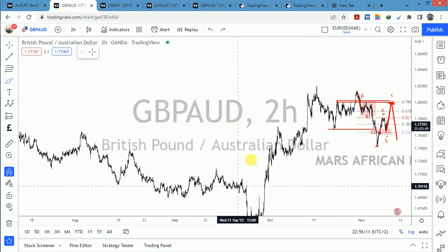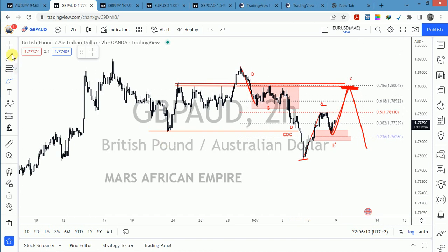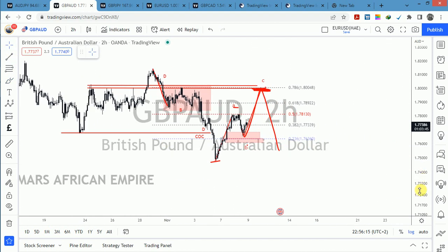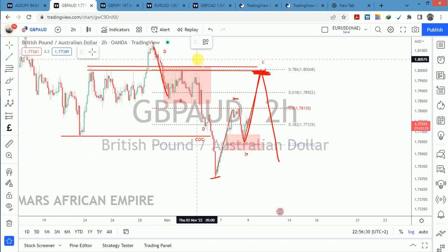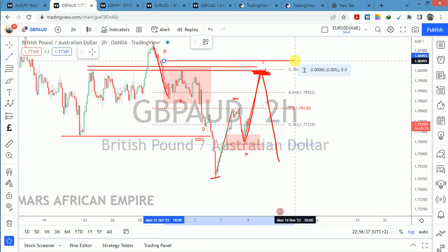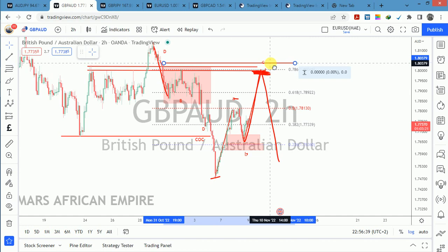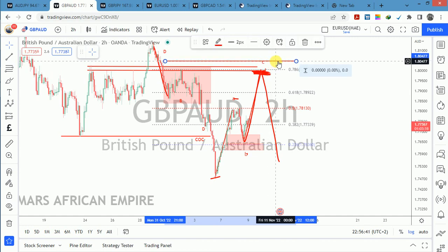So our entry, let's get to the entry side of things. We are going to have an entry around 1.799, and then our stop loss, let me see if there's an order block above. Okay, our stop loss can just be, I think, just above there.